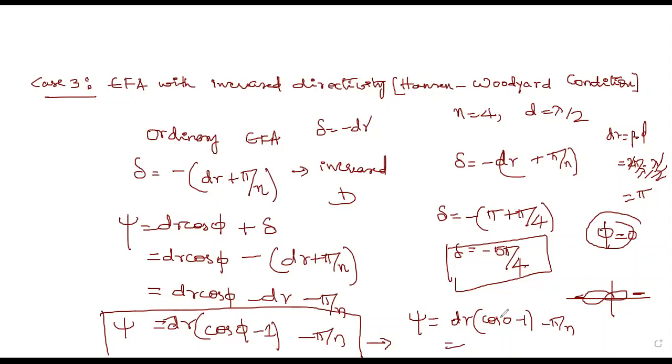Cos 0 is 1, 1 minus 1 is 0, so this total term goes to 0. So the value of xi will be minus pi by n, or for n equal to 4, xi will be minus pi by 4. So the values will change based on the n value. Suppose it is 5 or 6 or 7, based on that you find out the xi value.